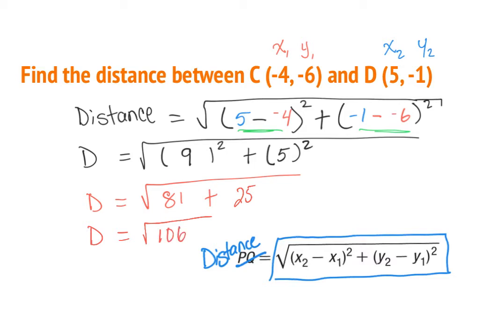So now I would take my calculator and actually find out what the square root of 106 is, or leave this in the form of a radical. If I were to put it in my calculator, the equivalent would be 10.29... and then I would round to the appropriate decimal when necessary.